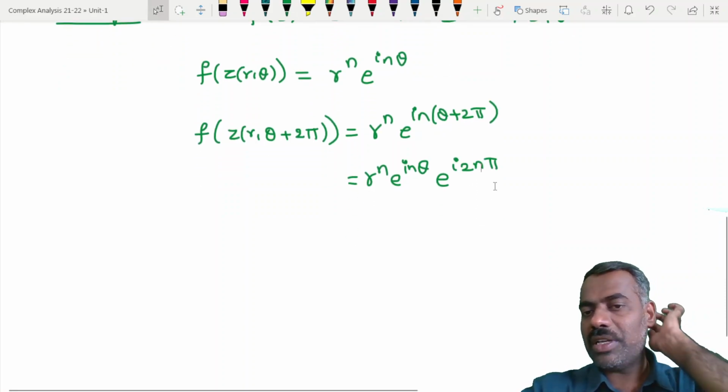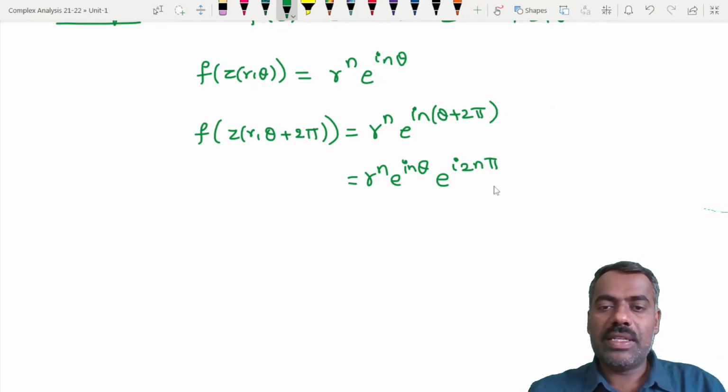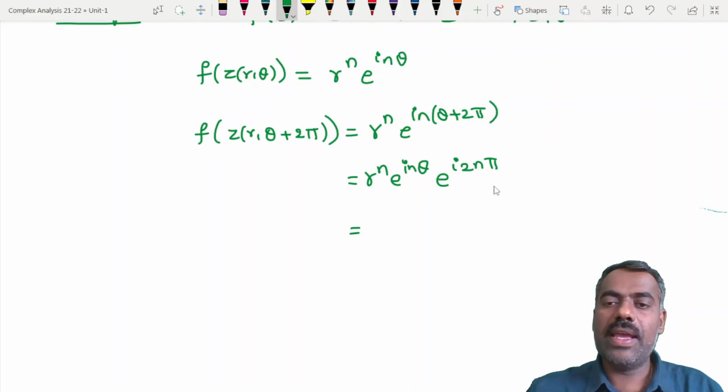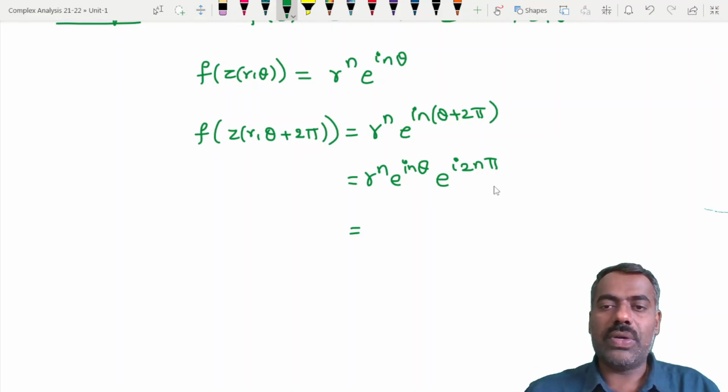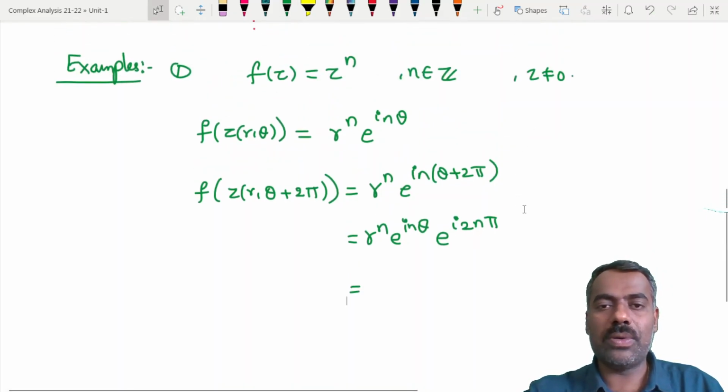But what do we know about e power i 2n pi? Whatever n it may be, that value is 1. Yes or no? It is e power 2 pi i, e power 4 pi i, and so on, all even multiples of pi. Yes or no?